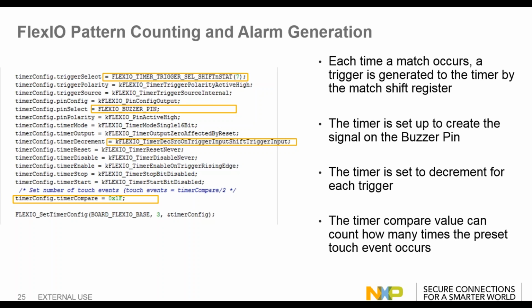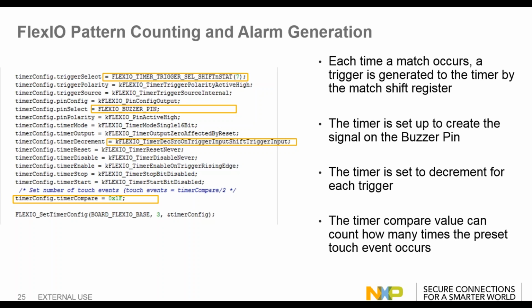And so this goes beyond just a simple yes or no touch pads are being touched. This allows you to recognize a specific pattern of touches and also count how many times that pattern has occurred.